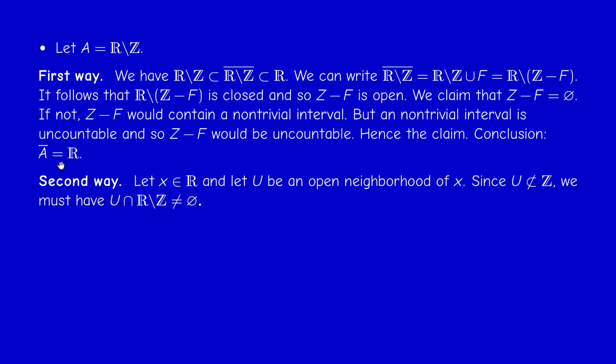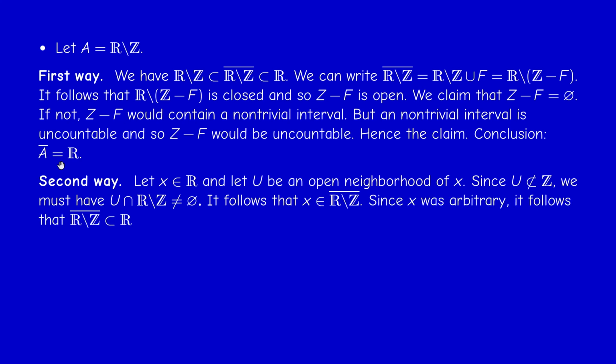We observed this before. When we proved that the interior of Z is empty, we used this fact. So if U is not contained in Z, then it means that U meets the complement of Z as before. And so by proposition 1.6, X belongs to the closure, and therefore we have a double inclusion, and so on.